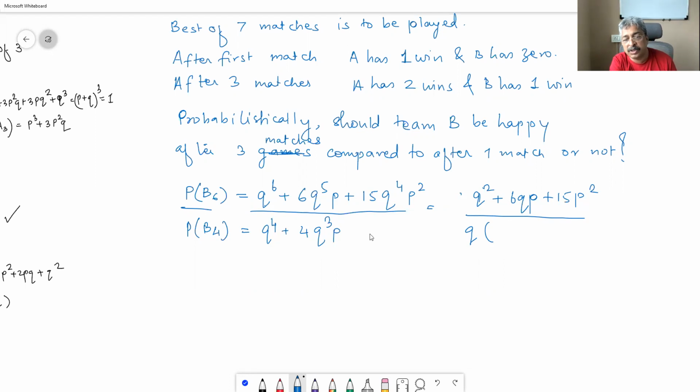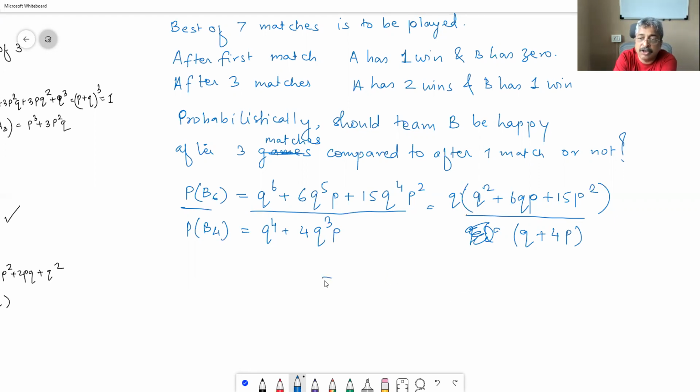Q fourth, q is remaining. In the numerator we have q fourth common, in the denominator we have q cube common. So in the numerator we have q, and in the denominator we have q plus 4p. I hope this is correct.